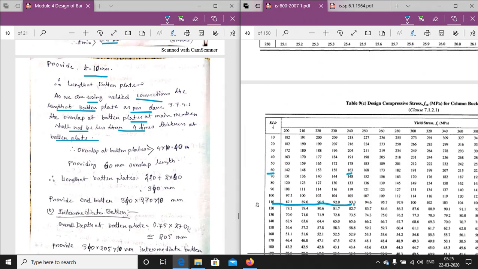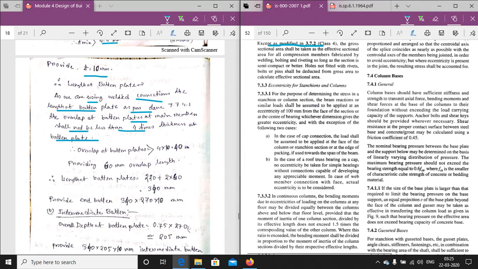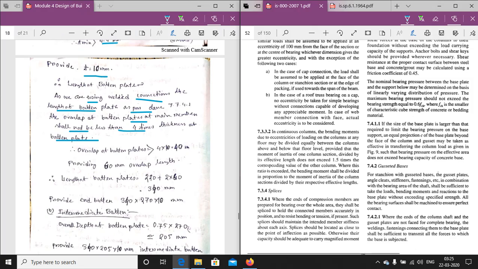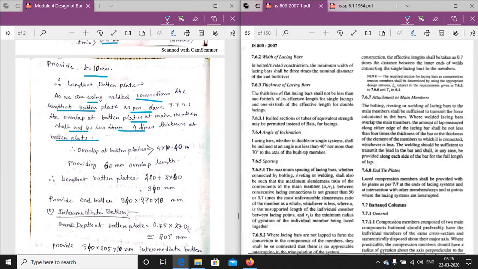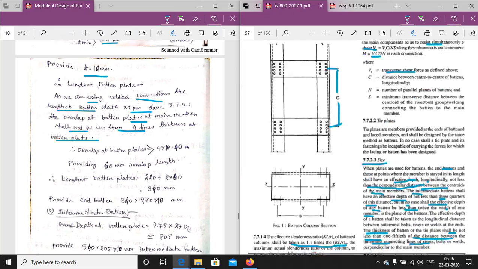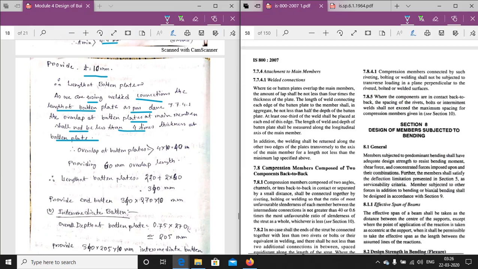The clause states that when a tie plate or batten plate overlaps the main member, the amount of the lap shall not be less than 4 times the thickness of the plate.